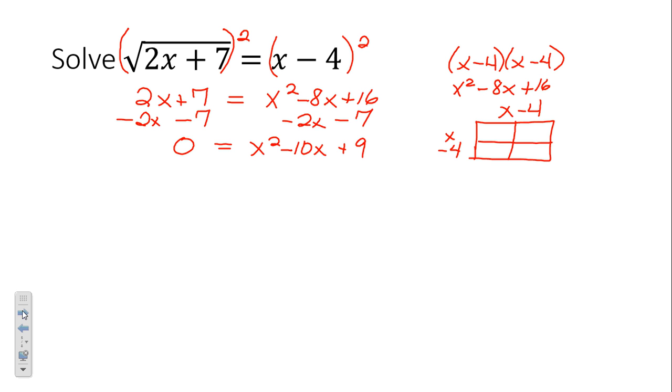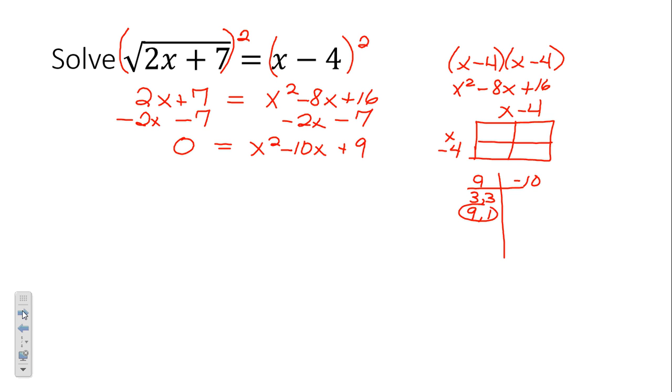Okay. And now T-chart, right? Yeah, we're going to figure out our T-chart. So we want factors of 9 that add to get negative 10. So factors of 9 are 3 and 3, 9 and 1. Which ones will add up to get a negative 10?